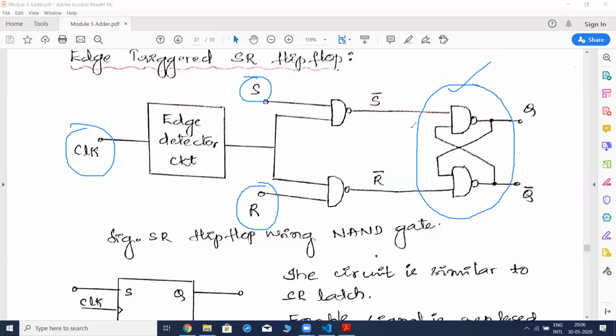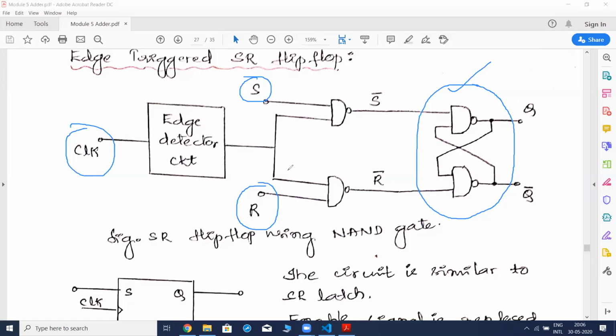So this is the main difference between the flip-flop and the latch. In order to construct a flip-flop, we require a latch, but we'll have additional NAND gates. To these additional NAND gates we are giving the clock signal. Thereby, we are converting a latch into a flip-flop.